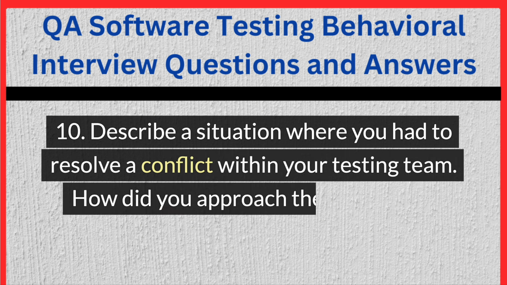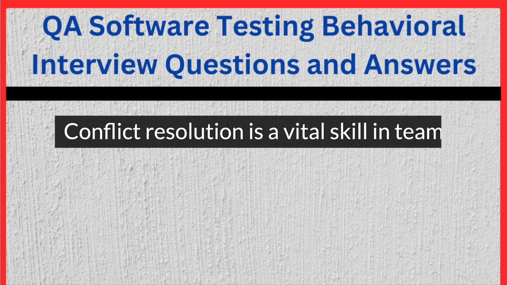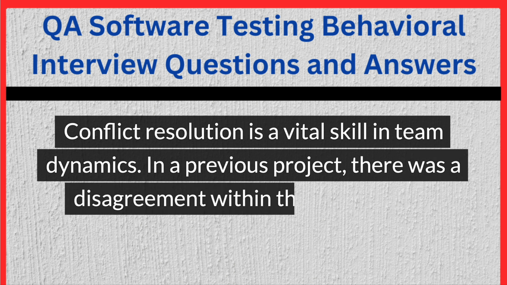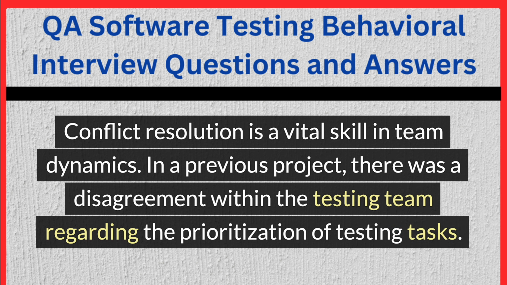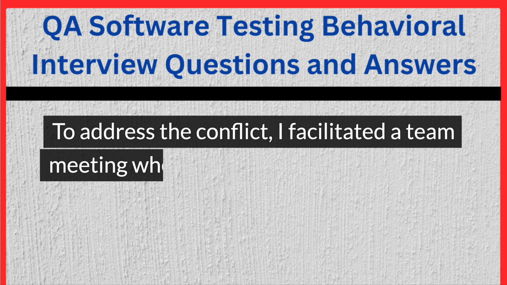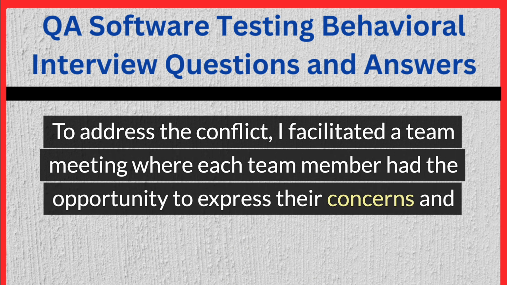10. Describe a situation where you had to resolve a conflict within your testing team. How did you approach the resolution? Conflict resolution is a vital skill in team dynamics. In a previous project, there was a disagreement within the testing team regarding the prioritization of testing tasks. To address the conflict, I facilitated a team meeting where each team member had the opportunity to express their concerns and perspectives openly.